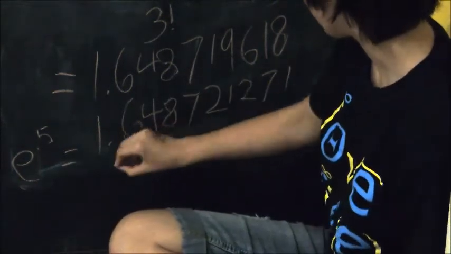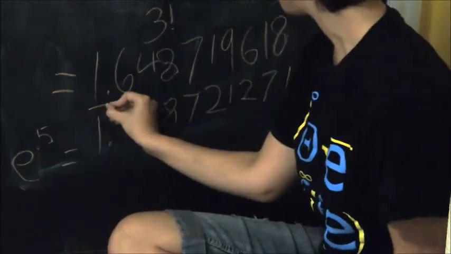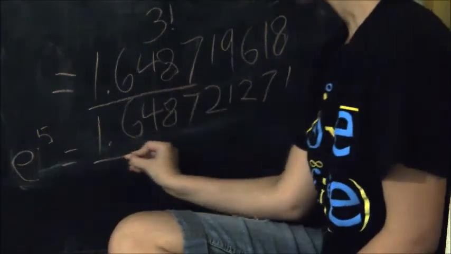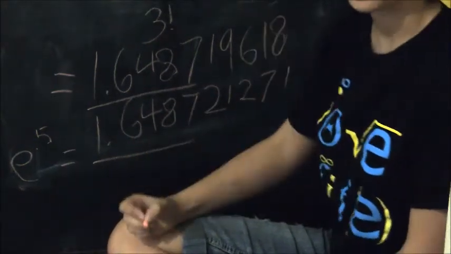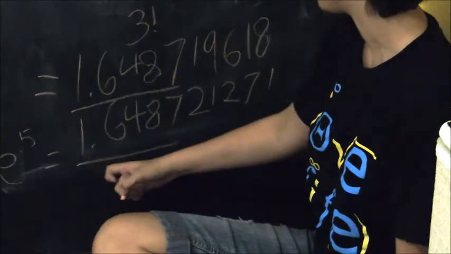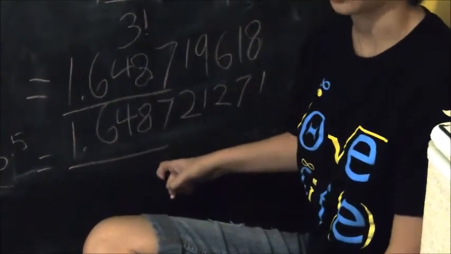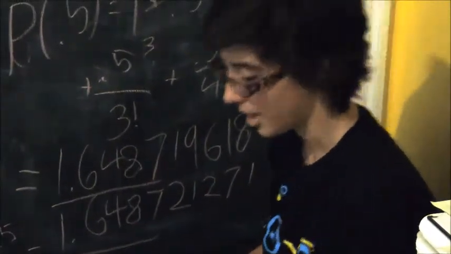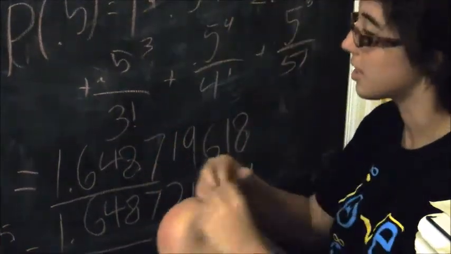Alright, so we can see that it's all the same up to the 7. So our Maclaurin polynomial is only accurate for 5 significant figures. And that is how you approximate e to the x.